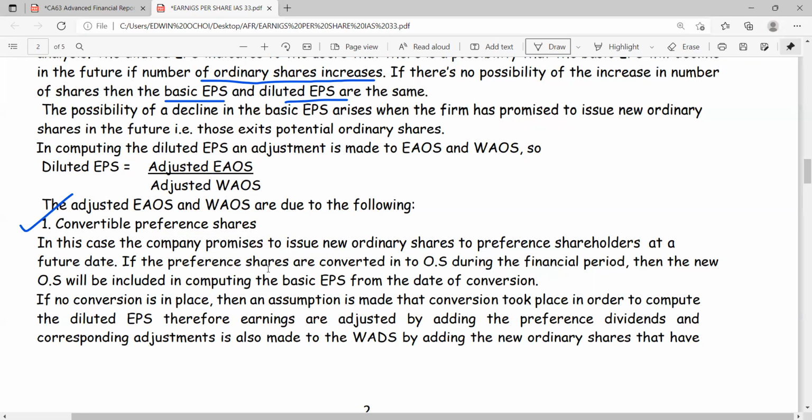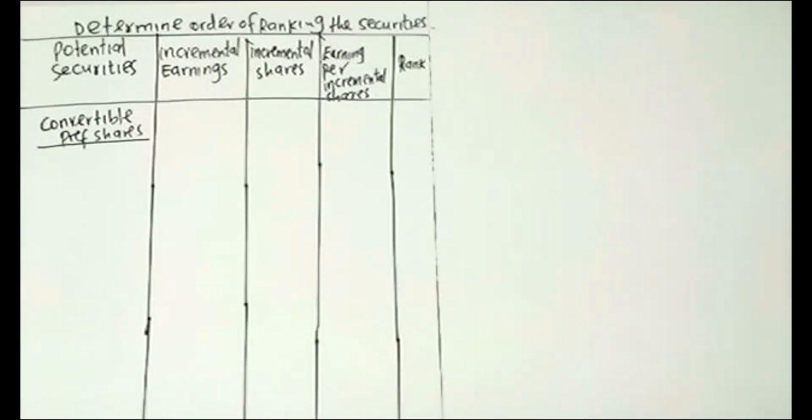That is why I have my first column. You see this column of earnings, incremental earnings. Under convertible preference shares, they were supposed to pay dividends, which they will never pay because we are assuming that security is converted to ordinary shares.